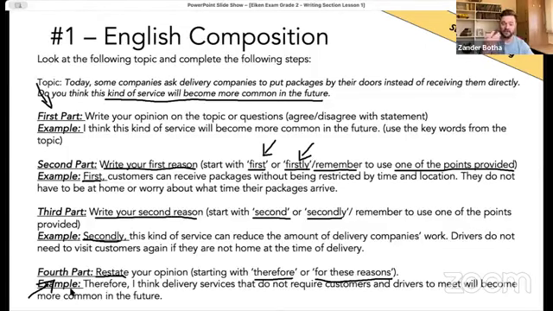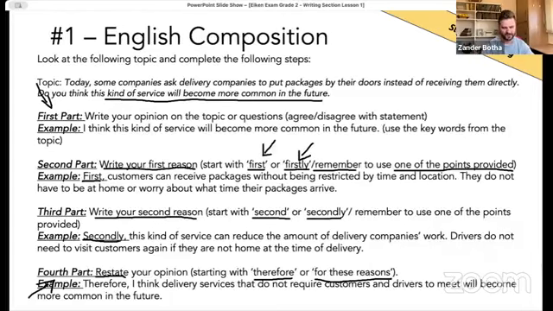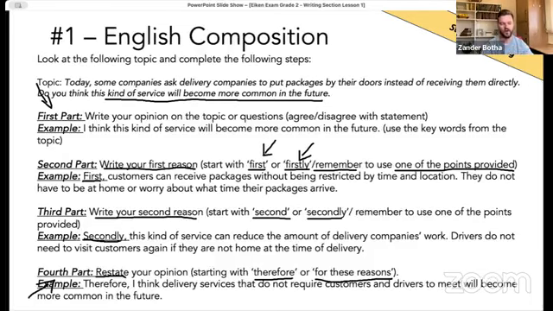So I said, therefore, you can also say for these reasons, I think delivery services that do not require customers and drivers to meet will become more common in the future. So again, you just restate, give your opinion again, starting with therefore or for these reasons.